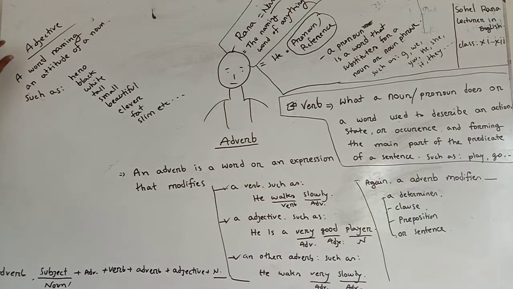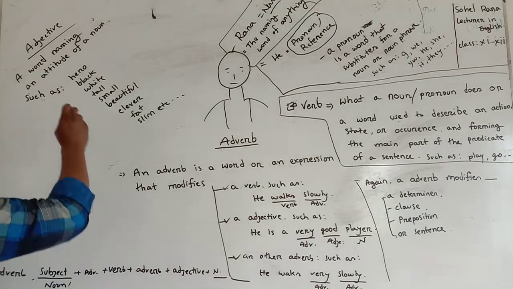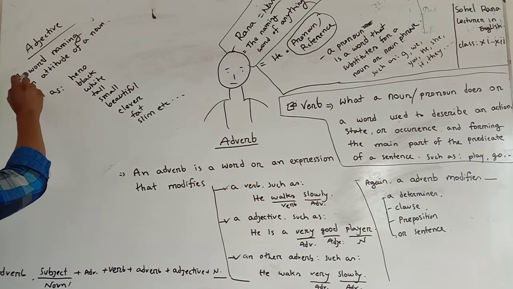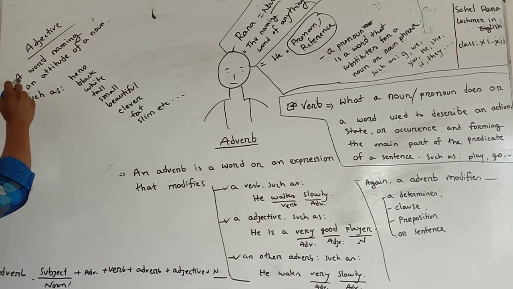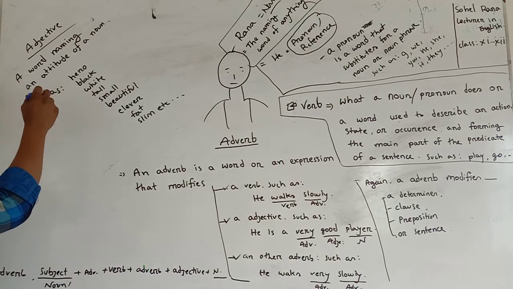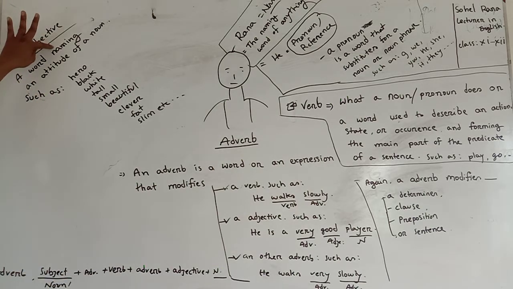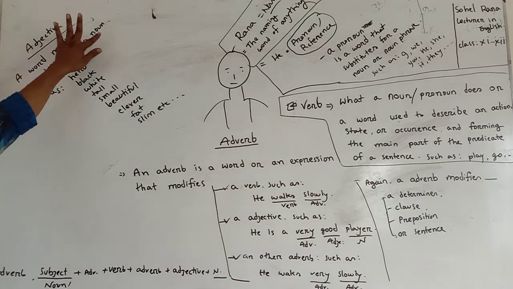We discuss adjective. And what is adjective? I have written a definition of adjective here briefly: a word naming an attribute of a noun.